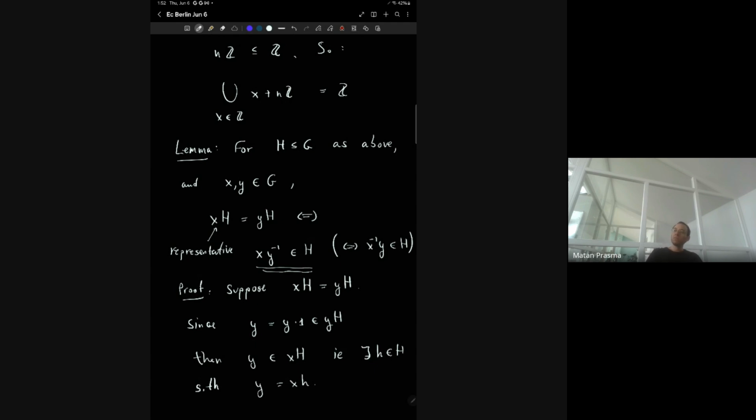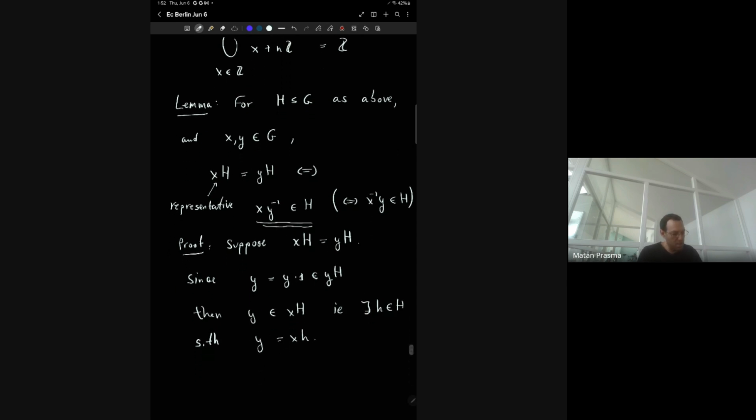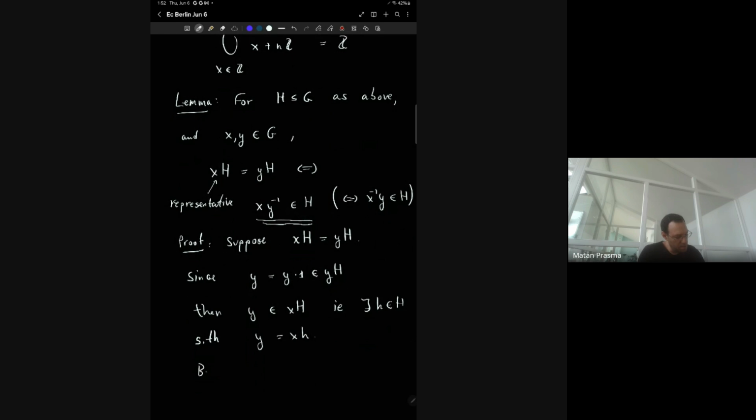Right? That's what it means to be in xH. But then we want x, so yx^-1 is equal to h, and h is an element in H. So yx^-1 is an element in H.